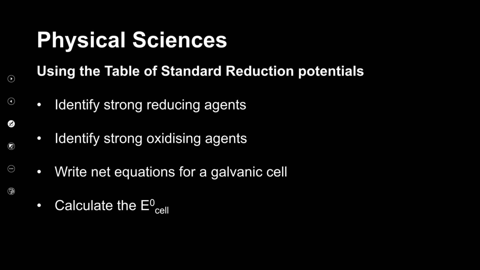The table of standard reduction potentials is very important because it helps us identify strong reducing agents and strong oxidizing agents. We'll also be able to use it to write net equations for a galvanic cell and to calculate the E naught of the cell. The E naught is equivalent to the EMF.